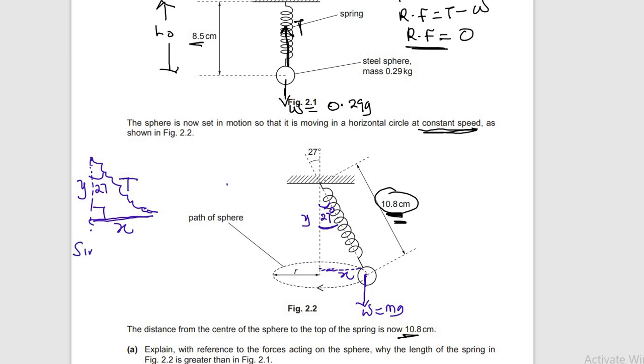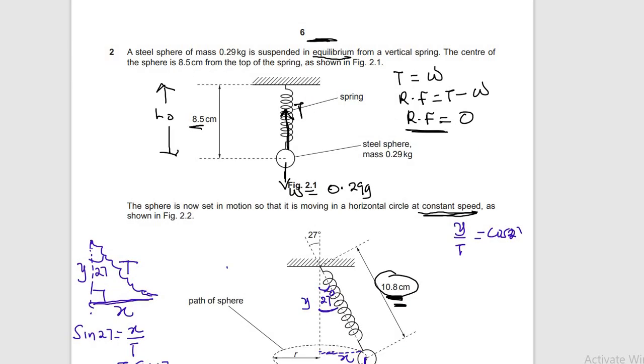Sine 27 is opposite over hypotenuse. So the value of X in this case is T sine 27. Let's get the value of Y. The value of Y in this case, adjacent over hypotenuse, is cos 27. So the value of Y in this case is T cos 27.